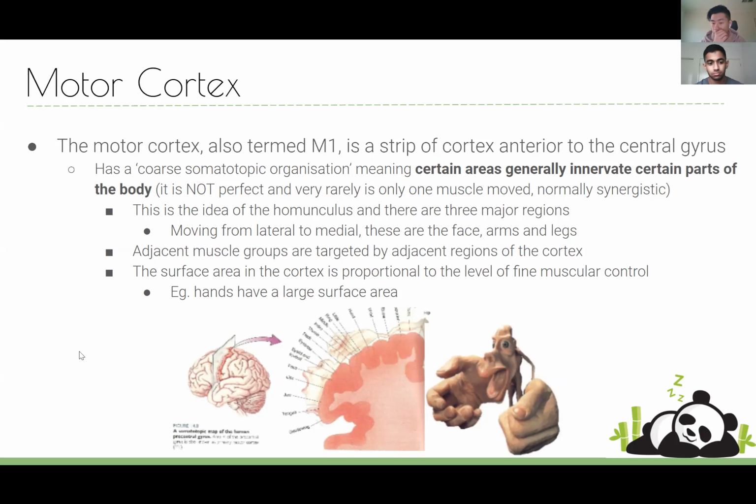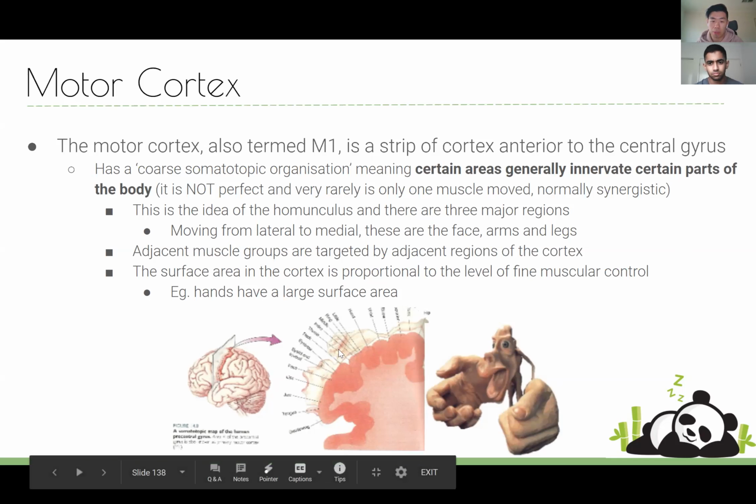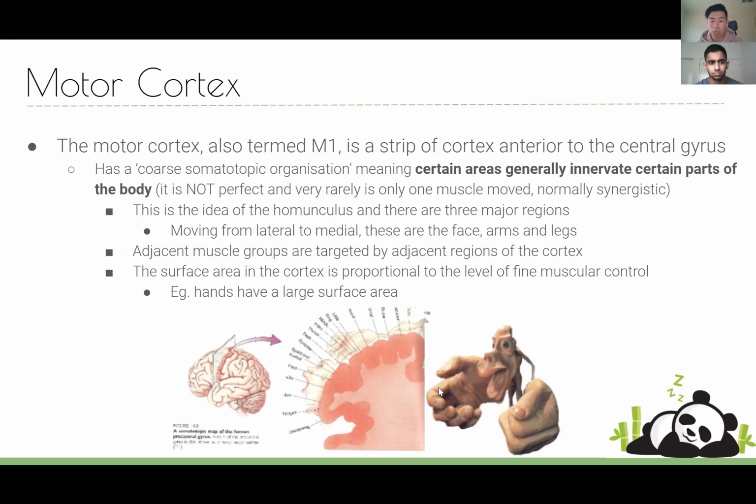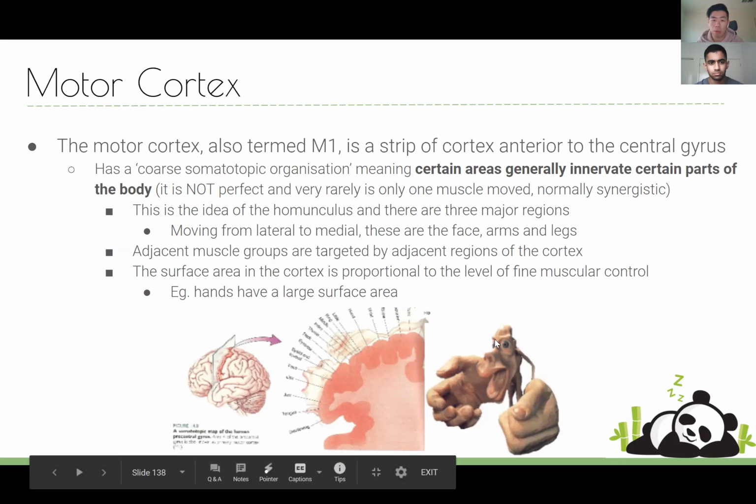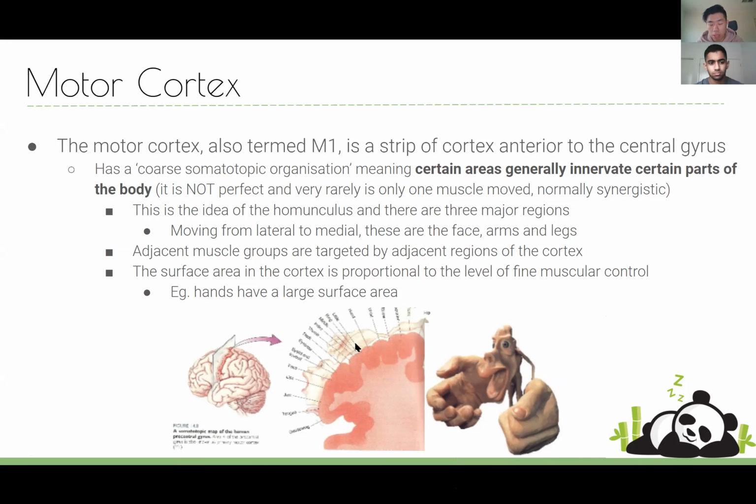The general idea, again, is very similar to the somatosensory cortex from last time. Imagine a person sitting on the brain with the legs hanging off the edge. The head and arms are on the lateral surface, whereas the legs are on the medial surface of the brain. Generally speaking, there's a rough correlation between where things are and where things innervate. It's not perfect, but it's good enough for us.